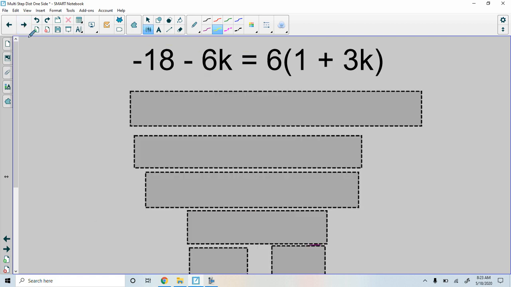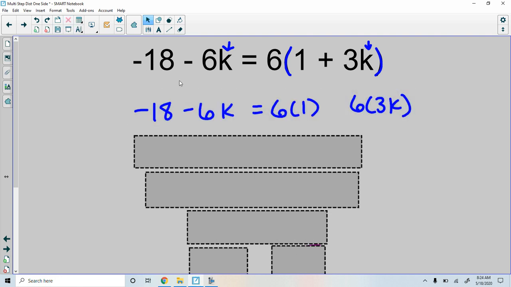So let's see what that looks like when we're solving an equation. So here we want to solve for k. Notice we have a k on both sides of the equation, and we have these parentheses. So I want to deal with this parentheses first. So I'm going to write everything that I have that's not changing.